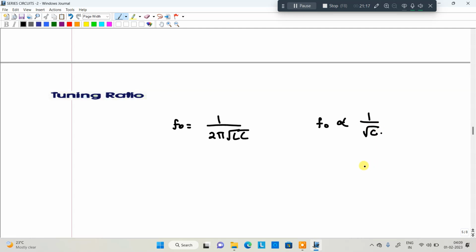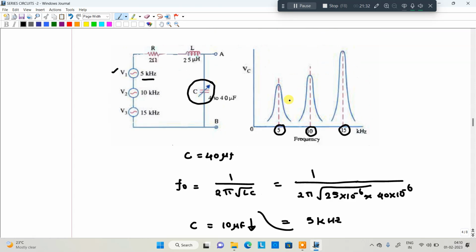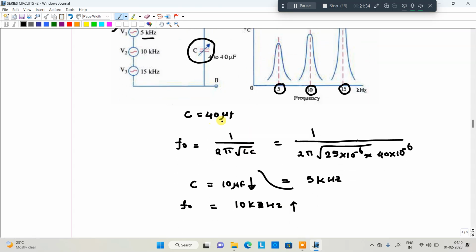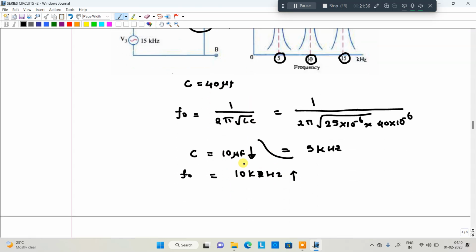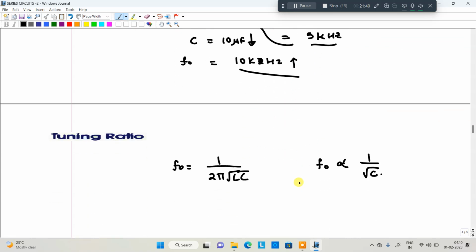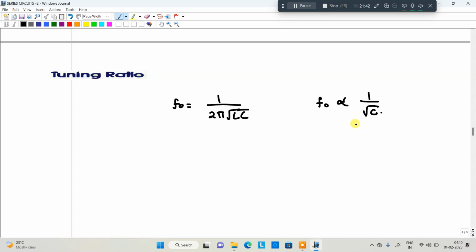That means I can change the capacitor value to double or 4 times. The capacitor value changes 4 times from the previous case, yes or no? I changed the capacitance value from 40 to 10, 4 times. What about the frequency? Doubled. According to this relation, the frequency is doubled.